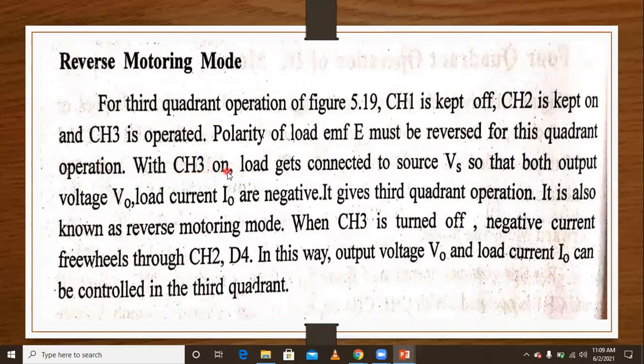When CH3 is on, the load gets connected to the source, so that both output voltage V0 and current I0 are negative. It gives the third quadrant operation. Based on the quadrant, turn on the switches, then it will operate in reverse motoring. This is about the reverse motoring mode, and then coming to the reverse braking mode.